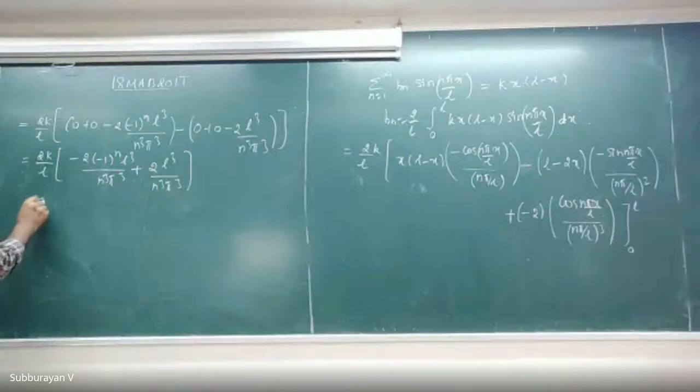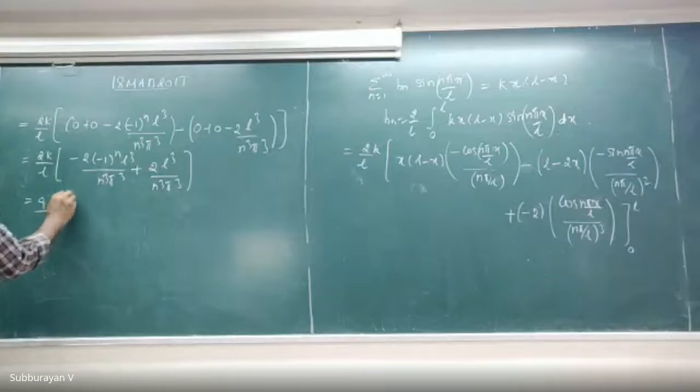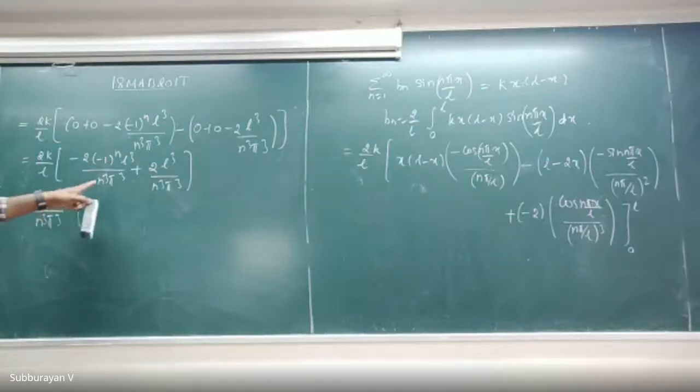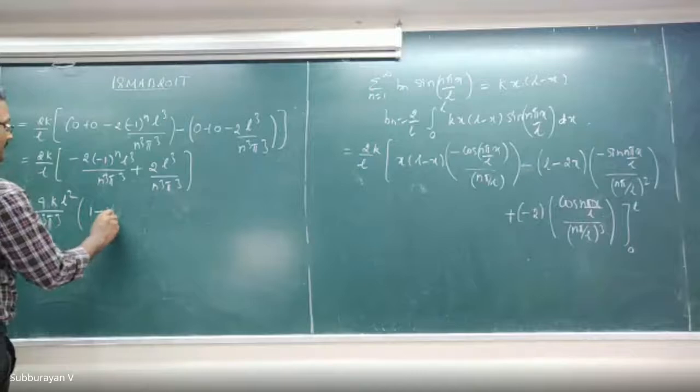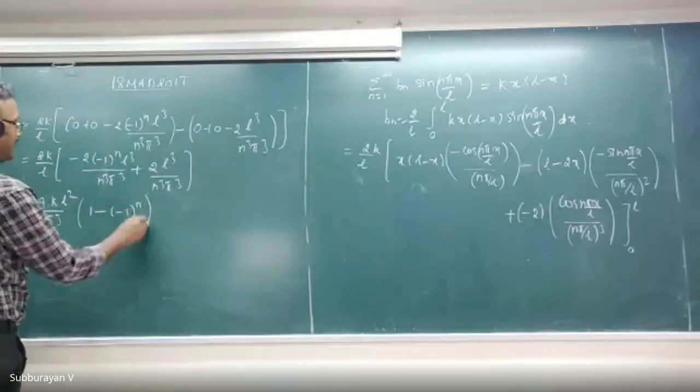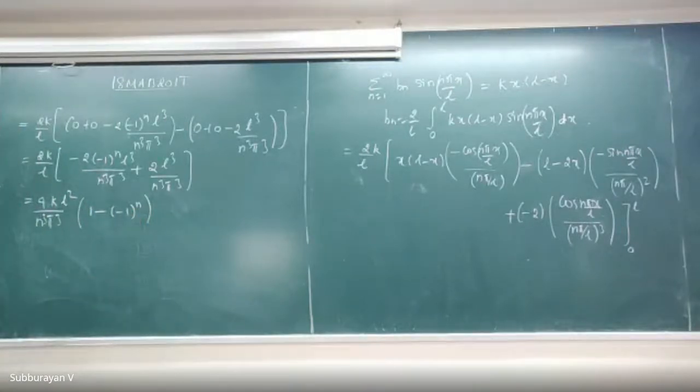So therefore 4k L square divided by n cube π cube into 1 minus of minus 1 whole power n. This is the value of dn.